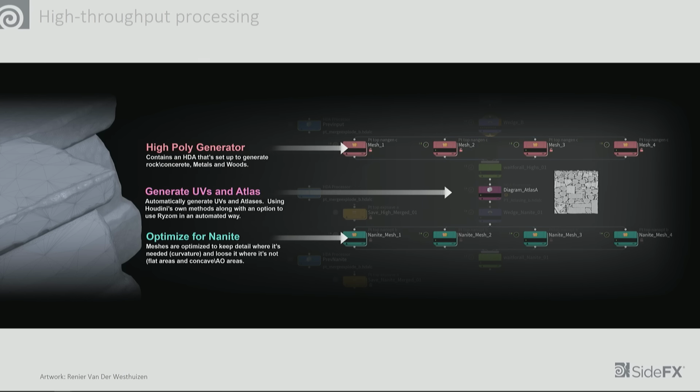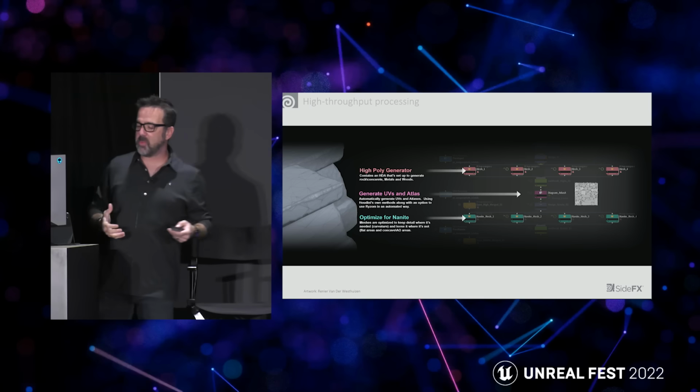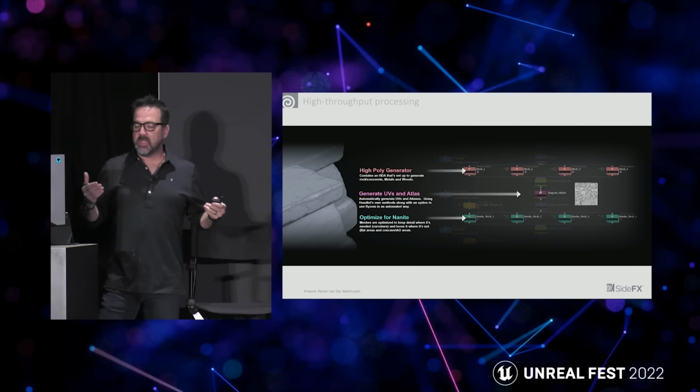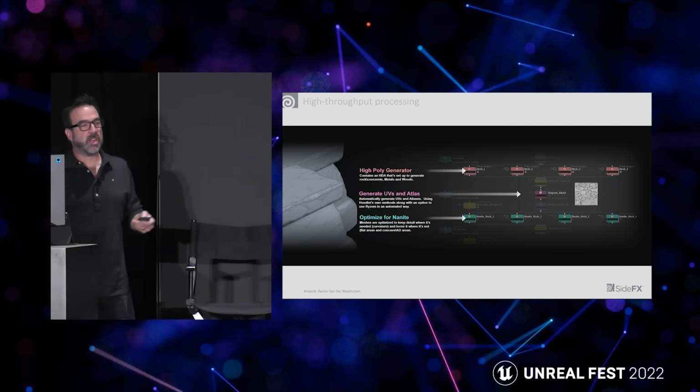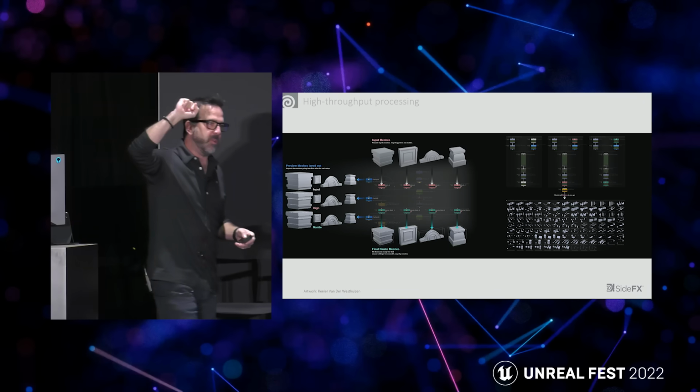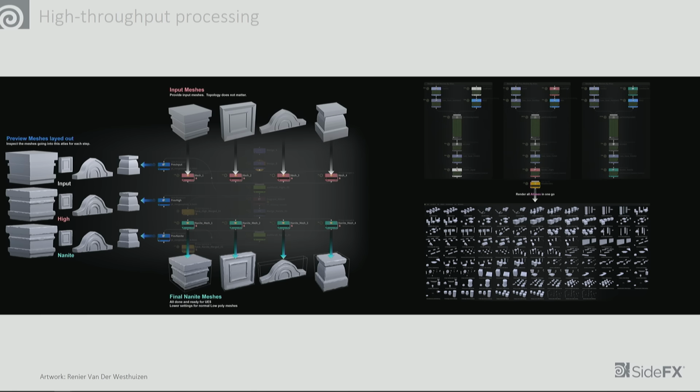In this example, the artist wanted to address the challenge of having a lot of objects. It's a small team. How am I going to build a massive amount of detailed meshes when there's not enough manpower? So using PDG, or how many people are familiar with PDG in here? Anybody? PDG is our procedural dependency graph. If anybody here has worked in visual effects, they'll get this a little bit.